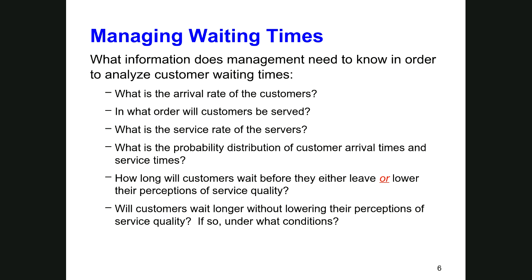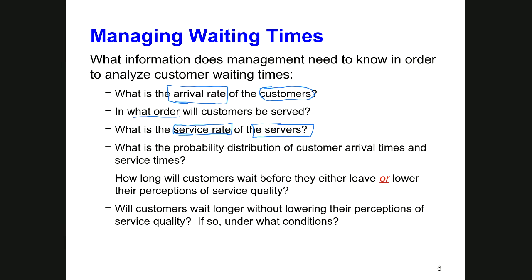We're going to need to know the arrival rate of the customers. In every case, irrespective of the application, we're going to look at a set of customers that are going to arrive to a service location. Then the next thing is, what order are we going to serve those customers? And then for the server, whether it's an individual, a person, or a machine, what's the service rate of the servers?